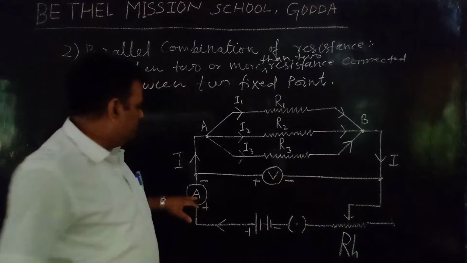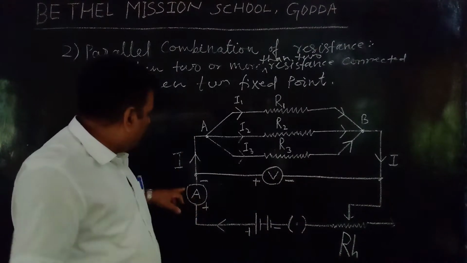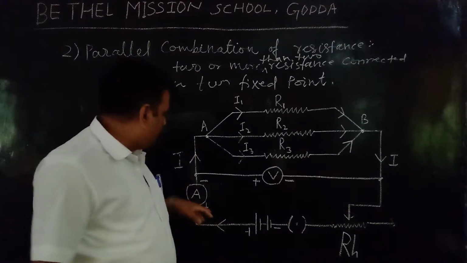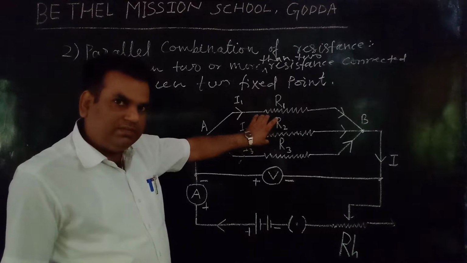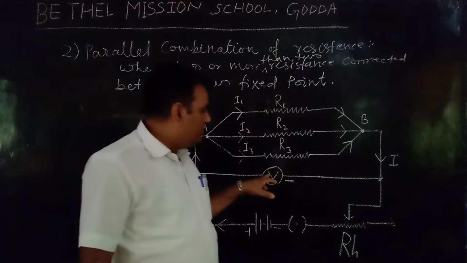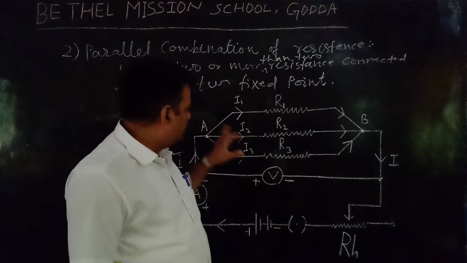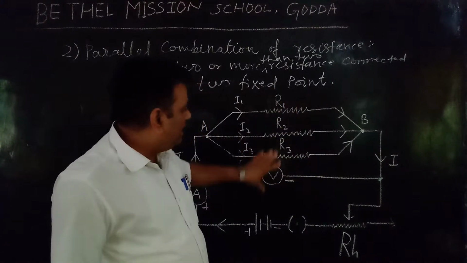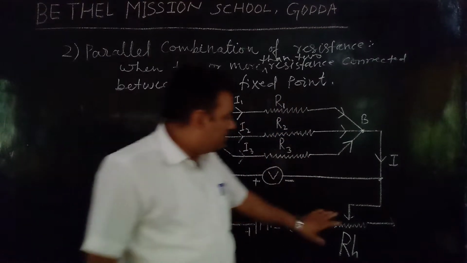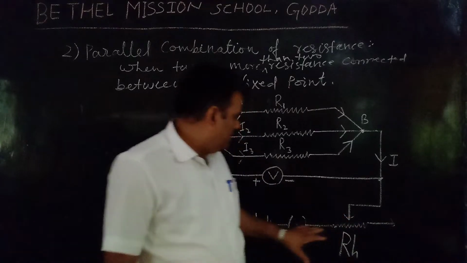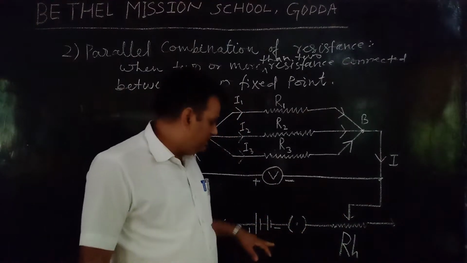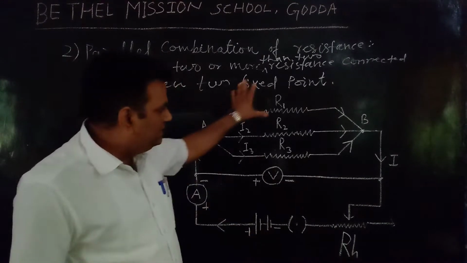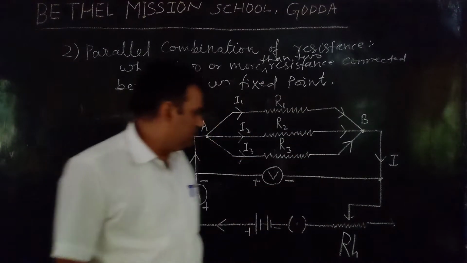It has an ammeter, as already explained in a previous class, which is always connected in series with the resistance. The voltmeter is always connected in parallel with the resistance. And this is the rheostat, switch, and the source, a direct current battery. So these are the arrangement of the apparatus.